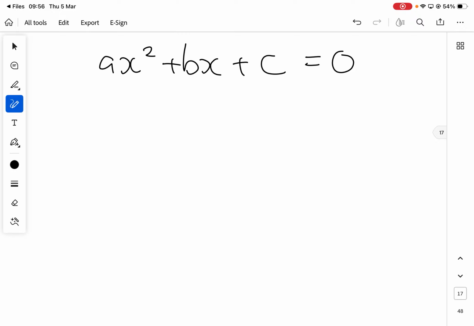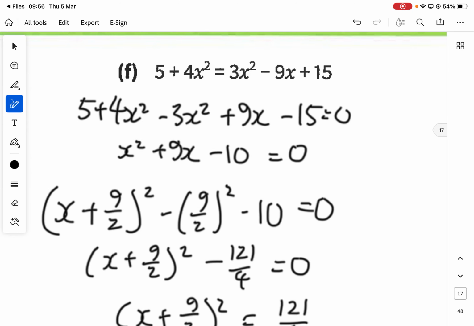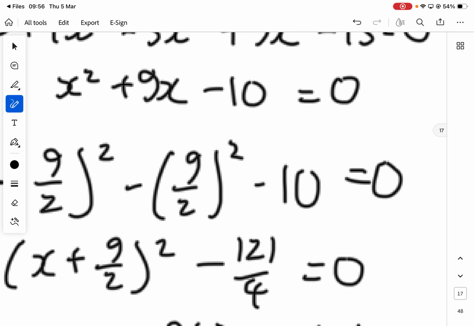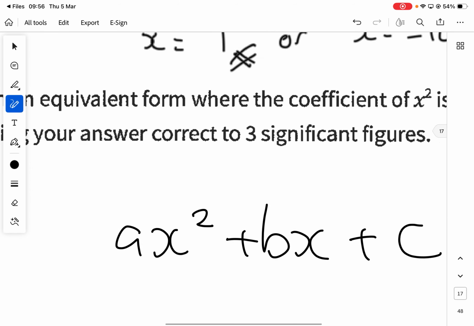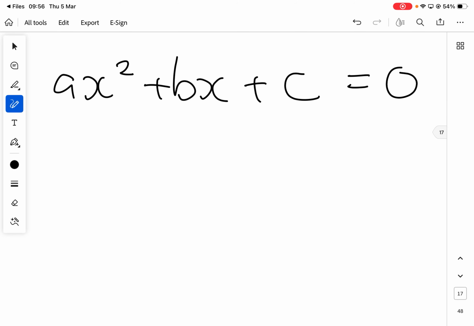So far, all the equations that I have seen, I must arrange as x squared plus some x plus some number equals 0, so it is always 1x squared. So if I only know completing the square, I want to make my x squared equal to 1. Then I must divide everything in this equation by a.